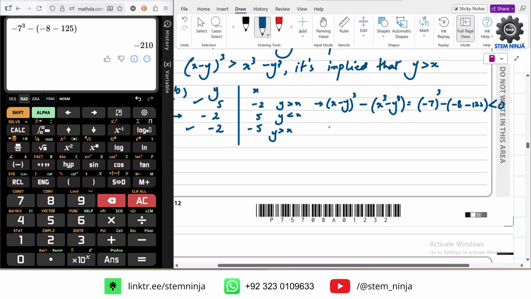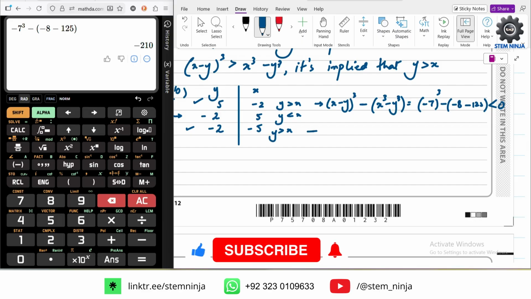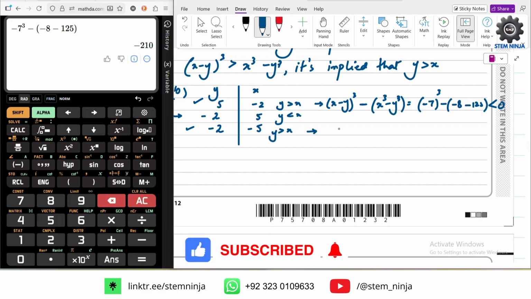So this is enough to show that only one counterexample is sufficient. But let's see this one also, maybe this is different. So x minus y cubed, so minus 5 minus -2, so this is -3 cubed, minus 5 minus -2, right?